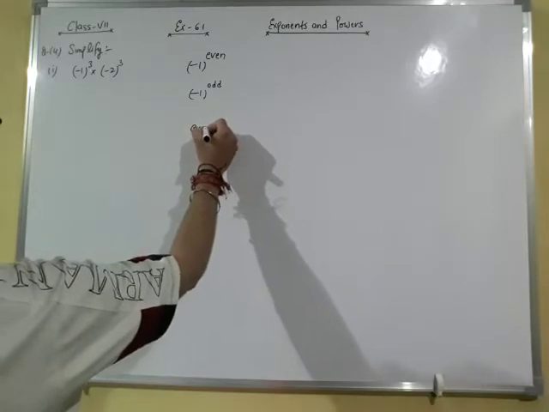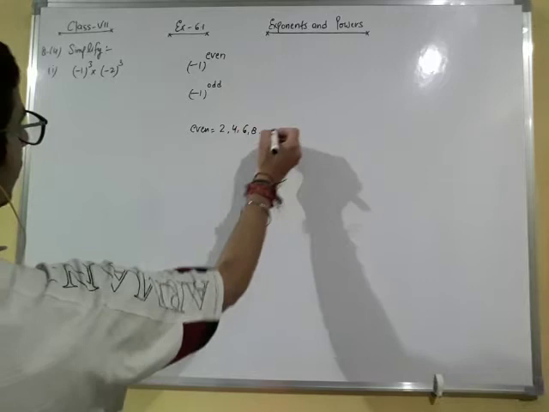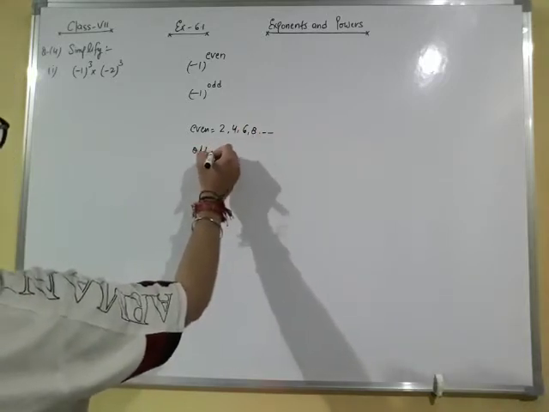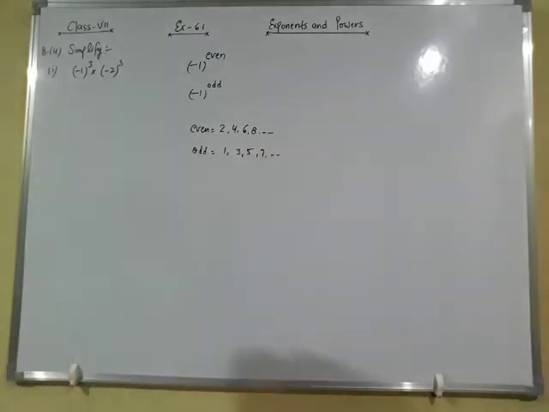Even means 2, 4, 6, 8 and so on. And odd numbers are 1, 3, 5, 7 and so on.